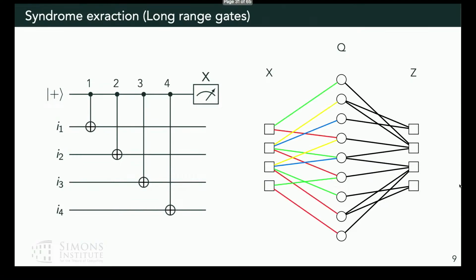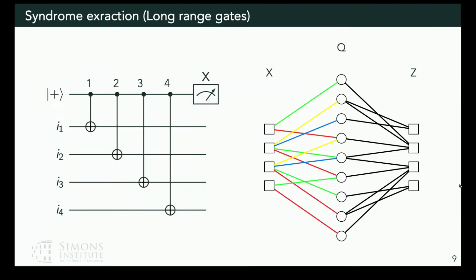So I'm going to do that. And the trick is I'm going to apply what's known as a graph edge coloring. This is a standard technique. And because the Tanner graph is bipartite, this edge coloring can be found efficiently. This graph edge coloring has the property that for each vertex in the graph, no two edges of the same color are incident to the same vertex.